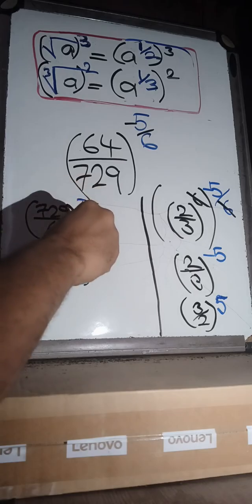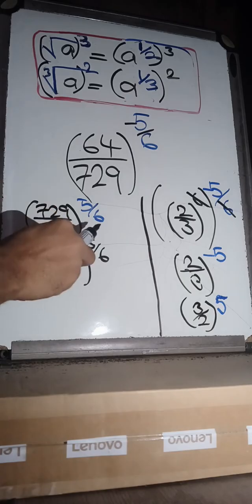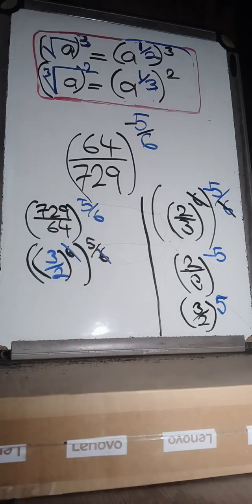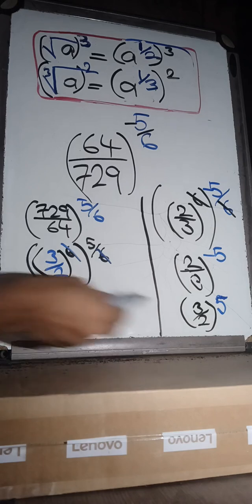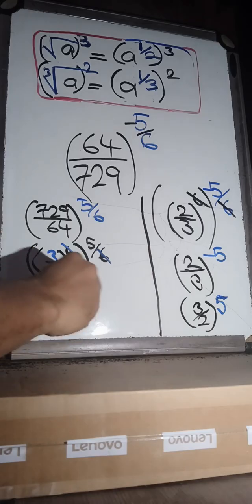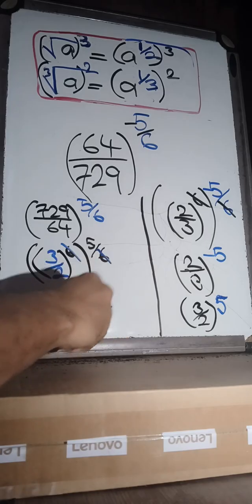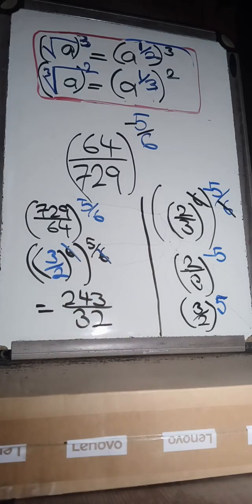But all of that raised to 5 over 6. It ends up just like that. So 3 over 2 raised to the 5. Yeah, exact same thing.